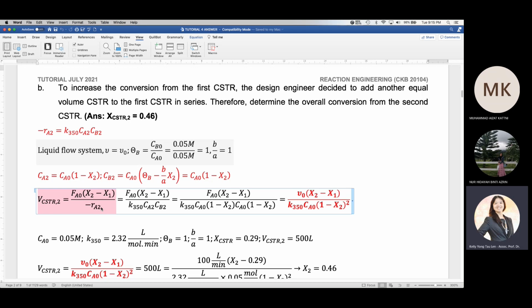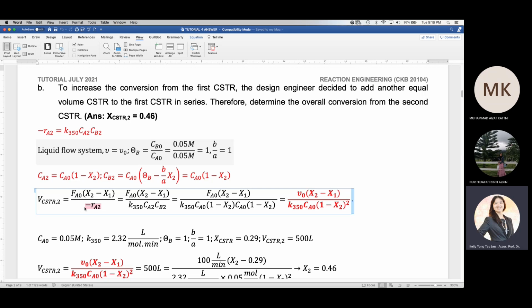Okay, tetapi dalam chapter 2, kalau kamu perasan, kamu tak payah kompleks sangat sebab dalam chapter 2, kita dah tahu nilai minus RA2. Kan if you remember, we learn the table and we learn Levenspiel plot. Daripada table dengan Levenspiel plot tu, dia akan beri untuk setiap conversion berapa nilai minus RA dia. Means kamu dah tak payah kira. Tengok je table, katakan kalau X2 saya tu 0.9, saya tengok berapa nilai minus RA dia, saya ganti dalam persamaan.